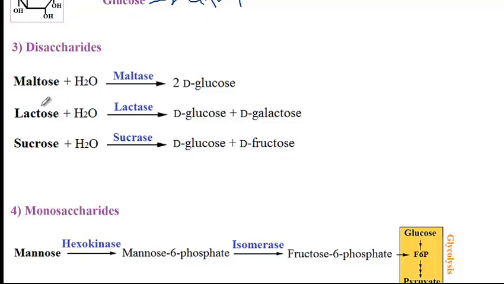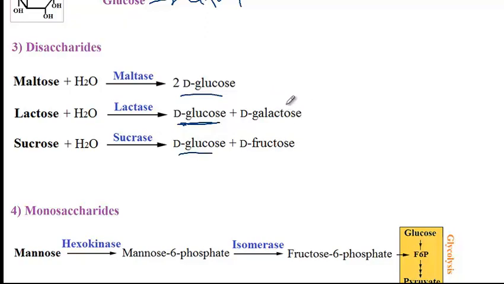Now breakdown of all these disaccharides, like breakdown of maltose by maltase, will give us glucose that can now enter the glycolysis pathway. Lactose breakdown will give us glucose. Again, glucose, all these can enter the glycolysis pathway. And then the other sugars, like galactose and fructose, via a series of reactions, these molecules can also enter the glycolysis pathway. So let's cover them.